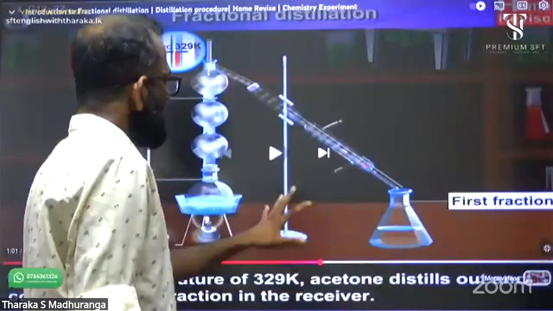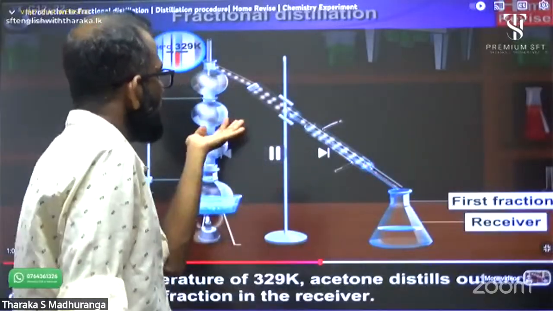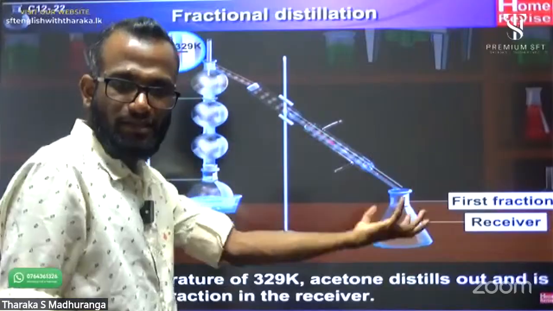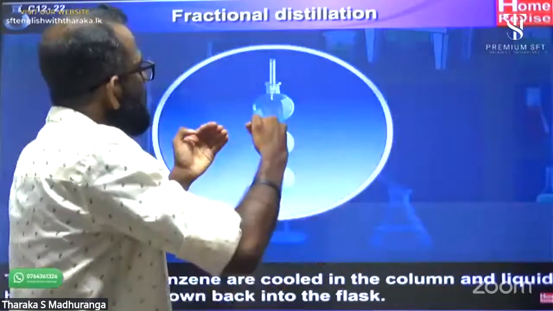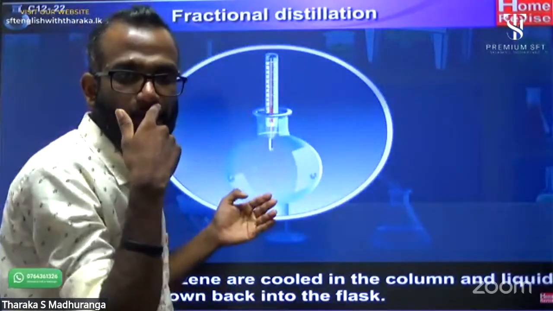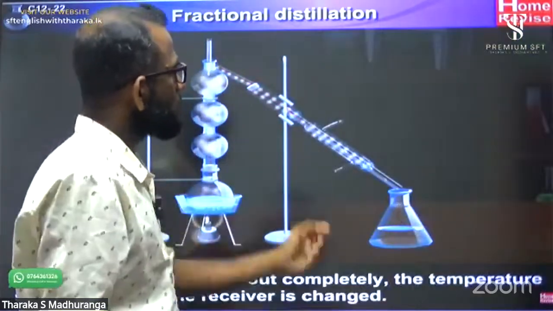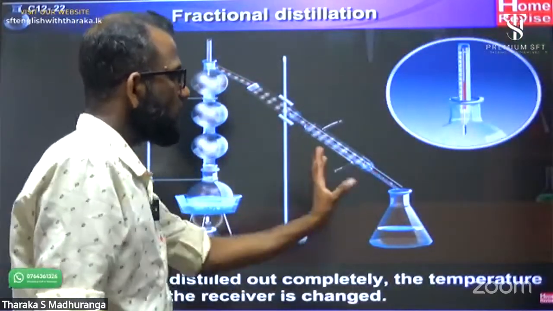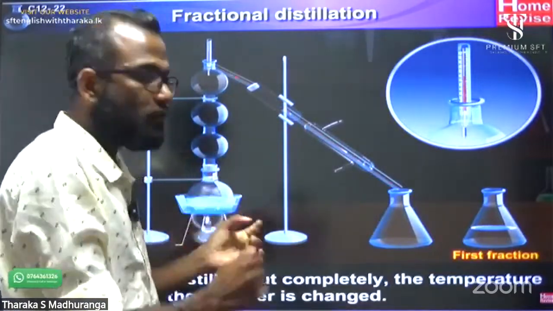First, we heat up to a certain level, then acetone evaporates and is collected as the first fraction. Then we increase the temperature up to the second boiling point.